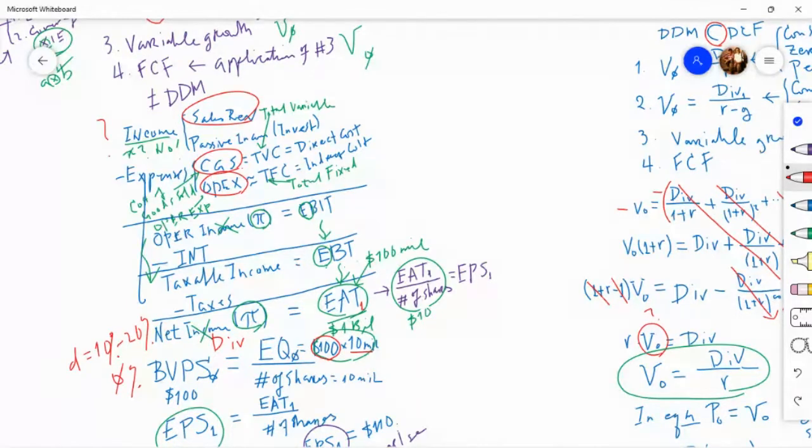But again, I don't like to use income here. It should be called operating profit, right? And then you subtract interest and taxes, and you arrive at net income. But again, rather than income here, it's better to call it profit. And just because operating income is operating profit and net income is net profit, does that mean this is profit? No, you're making a very gross mistake then.